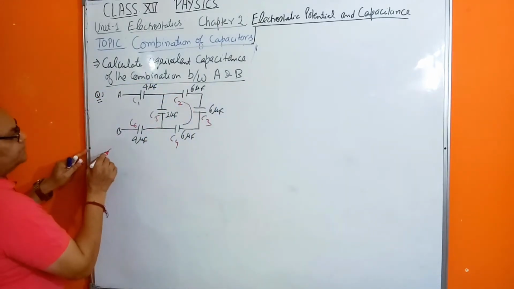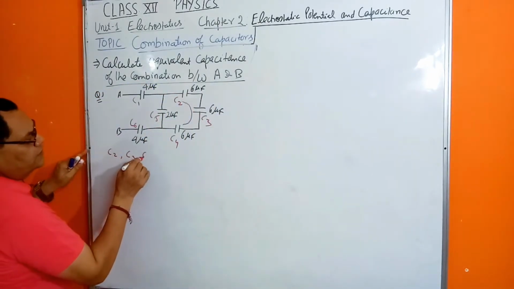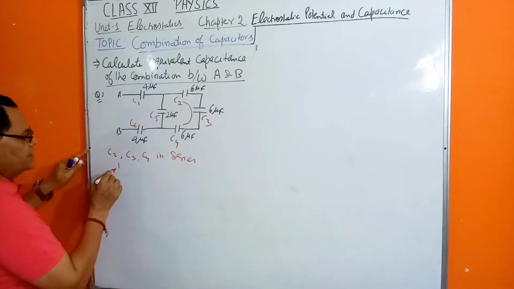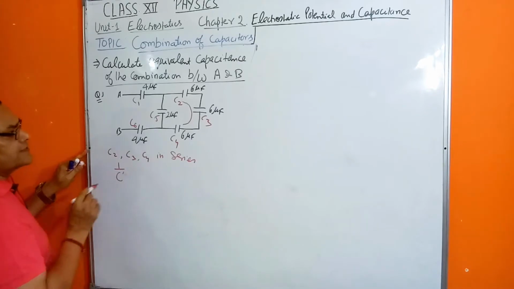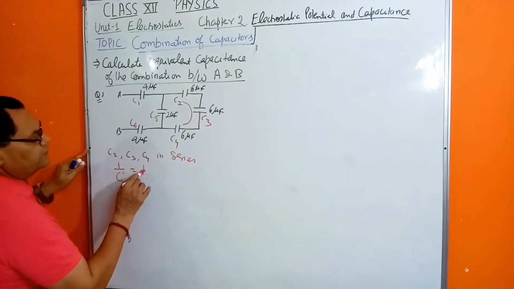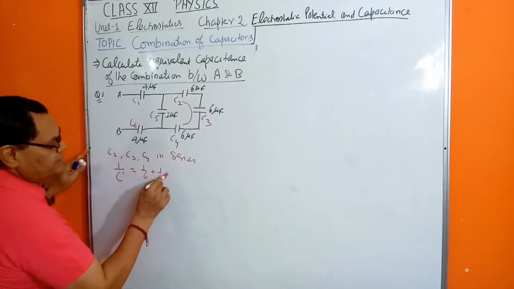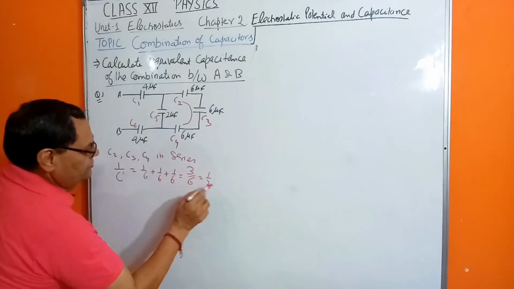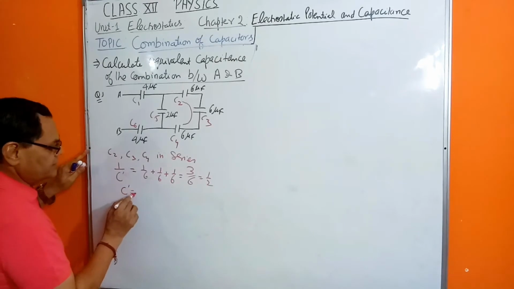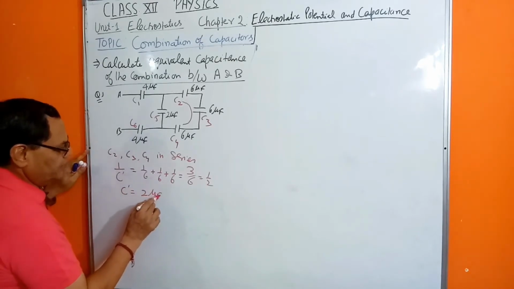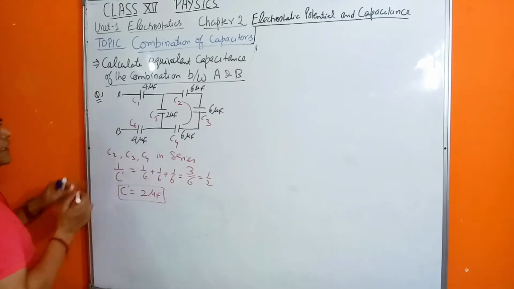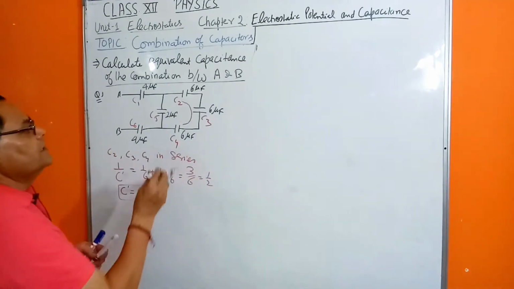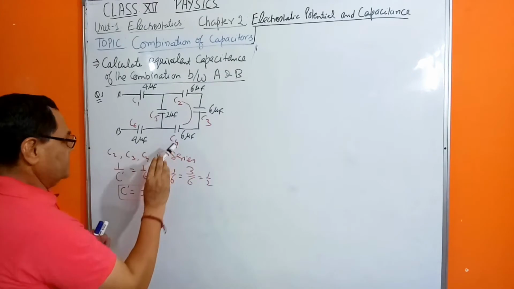So the resultant, let's put it as C dash. This will become 1 by 6, 1 by 6, 1 by 6. Overall this is 3 by 6, so you will get 1 by 2, meaning C dash is 2 microfarad. Clear?